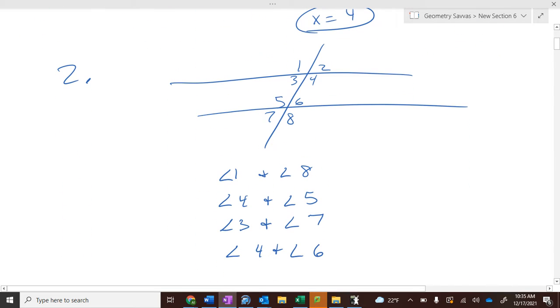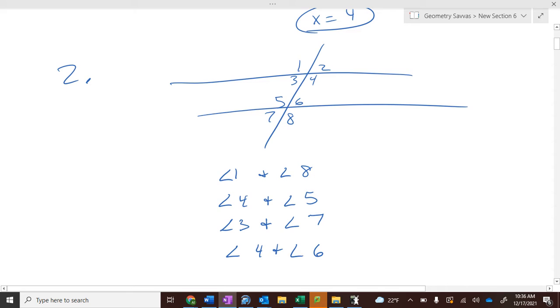All right. What types of angles are 1 and 8? Alternate exterior angles. What types of angles are 4 and 5? Alternate interior angles. 3 and 7? Supplementary. No. Congruent.